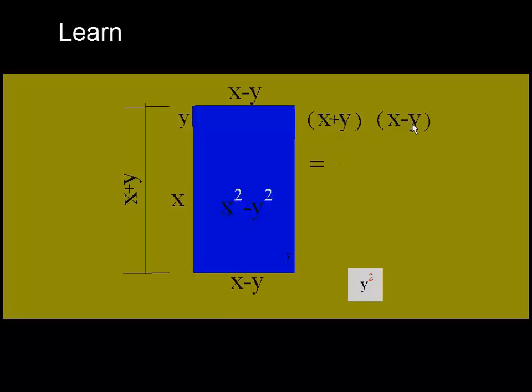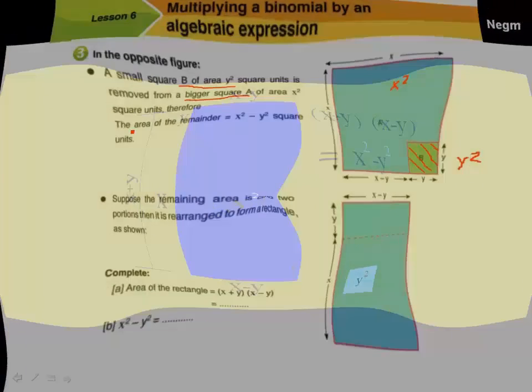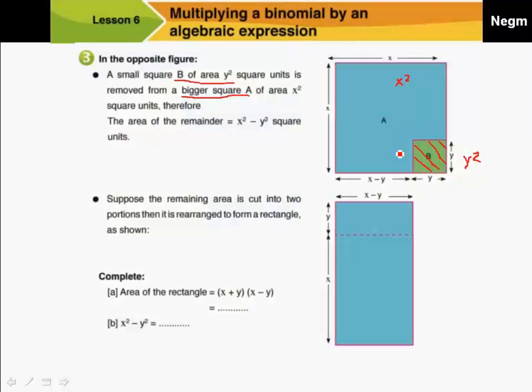So this area is equal to x squared minus y squared. In this case, we have learned that x plus y times x minus y is equal to x squared minus y squared.